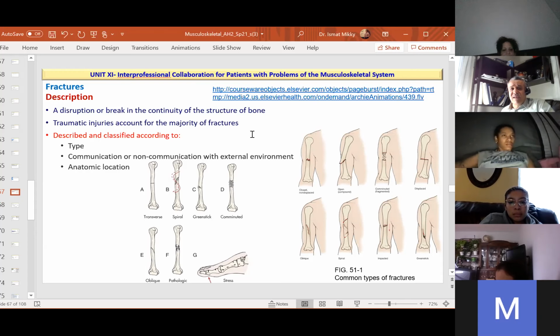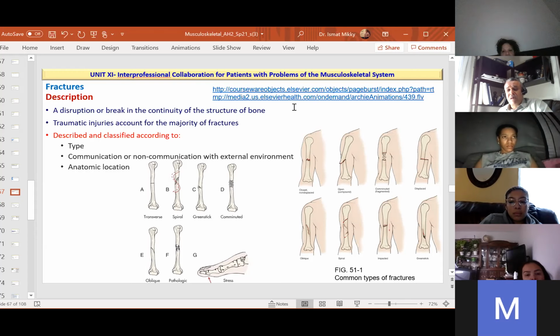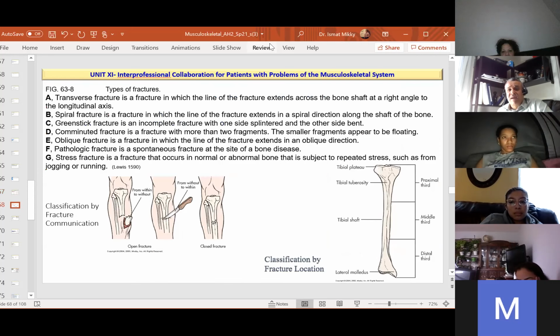And then we have another classification based on the anatomy, like the name of the bone, for example. You can call it also, for example, this is closed and this is open fracture. There are different classification systems when it comes to classifying the fractures.